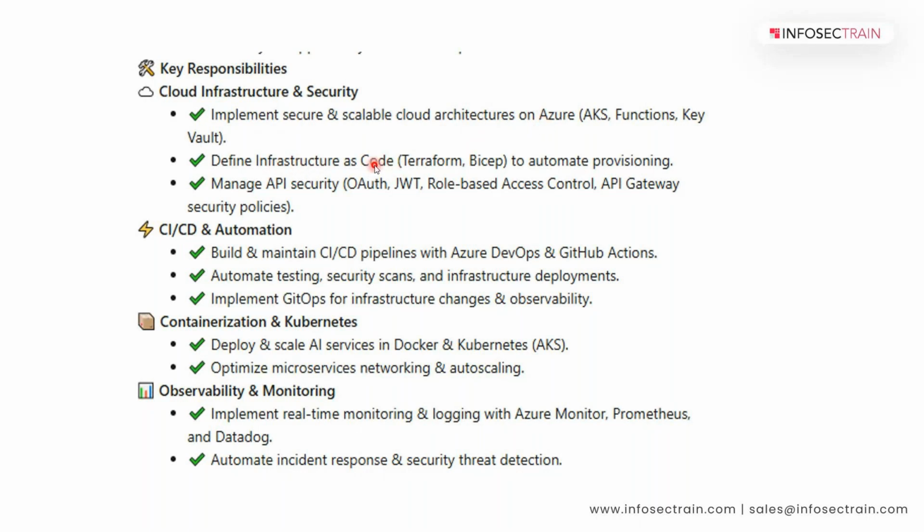You should know how to write Terraform, I mean, how to write infrastructure as code. You have to manage API security, write CI/CD pipelines, automate testing and security scans, and implement GitOps. At the same time, you have to implement AI services in Docker and Kubernetes, and take care of networking and auto scaling as well.